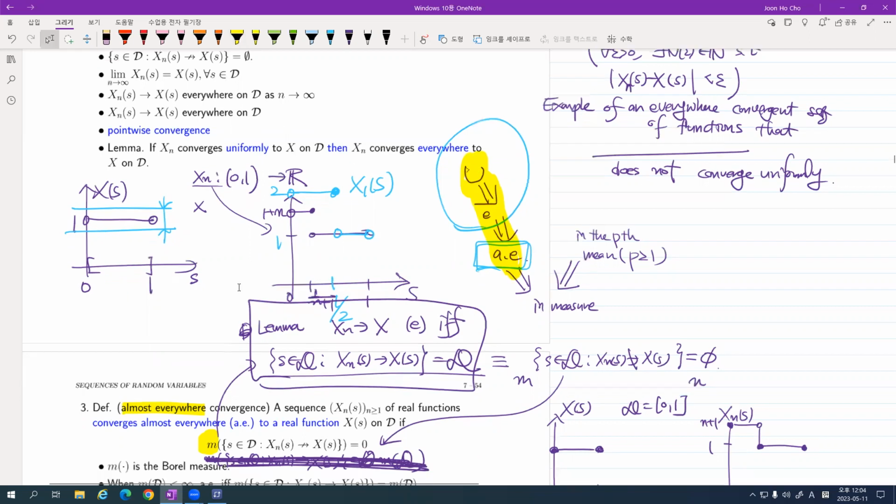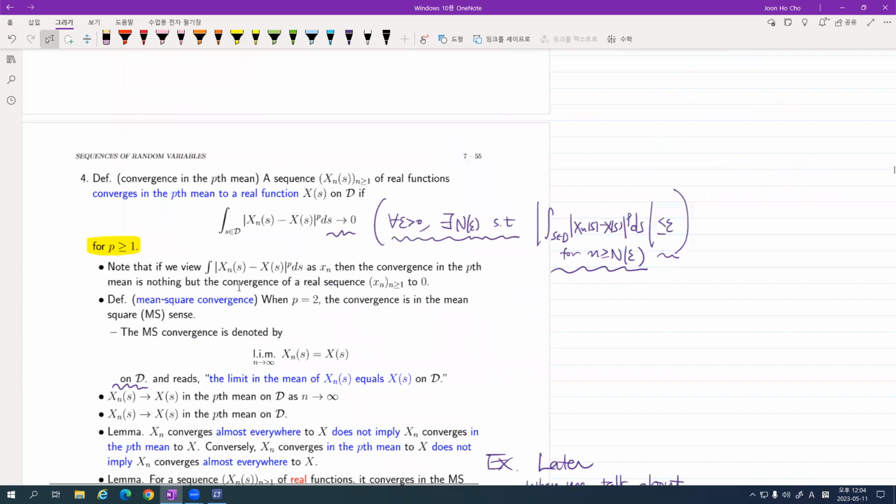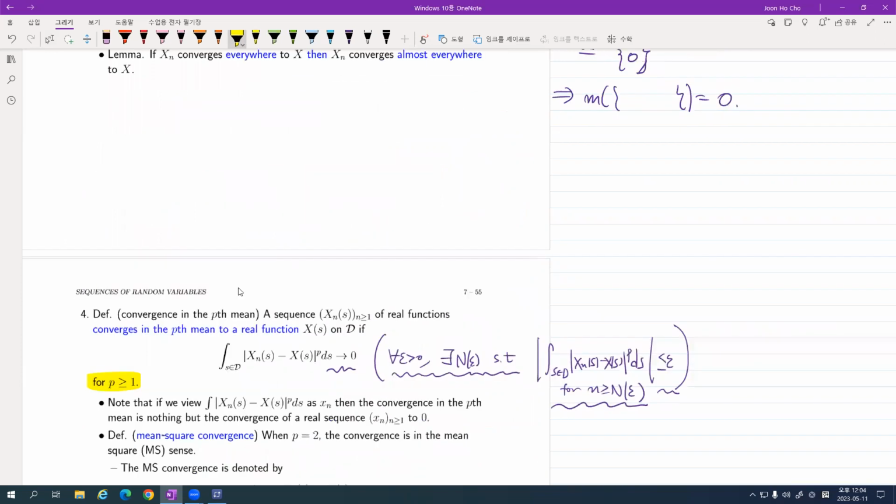So here goes the definition. You have a sequence of functions and a possible target or limit function, and you consider this integration. This is motivated by the fact that x equals y almost everywhere on D if and only if the integration of the error raised to the power of p, with p greater than or equal to 1, is 0, right?